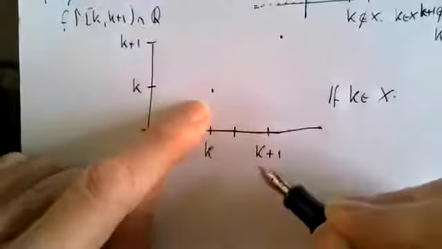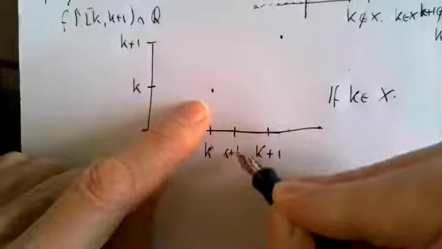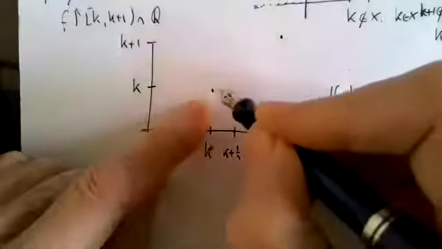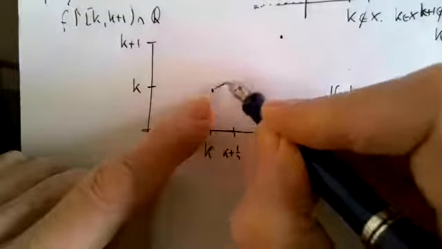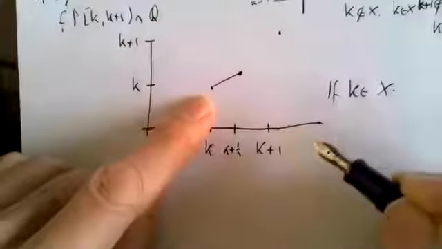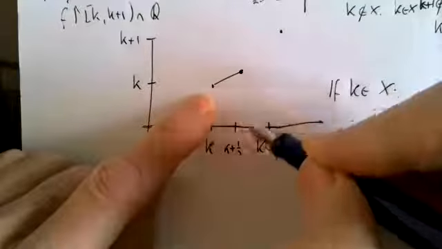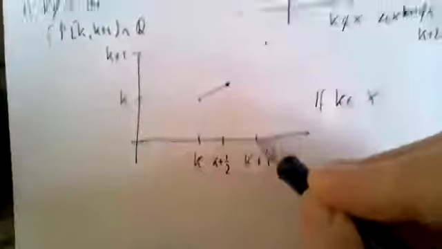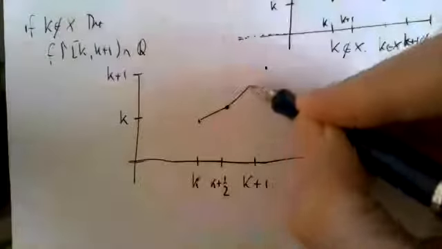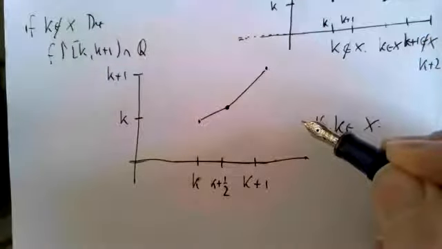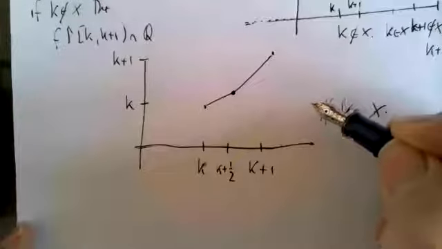But let's just suppose then up to K plus a half, we'll have the slope to be 1/2. And then from K plus a half to K plus 1 we'll have the slope to be 1.5, 3/2.